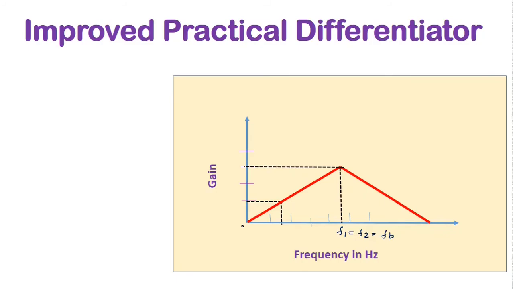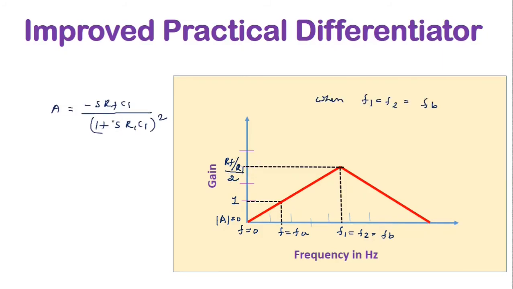So here we can see that when frequency f is equal to 0, the magnitude of gain is equal to 0, and at frequency f is equal to fa, the magnitude of gain is equal to 1, and at frequency f1 is equal to f2 is equal to fb, the magnitude of gain is equal to RF upon R1 divided by 2. Okay, so the maximum value of gain will be RF upon R1 divided by 2.